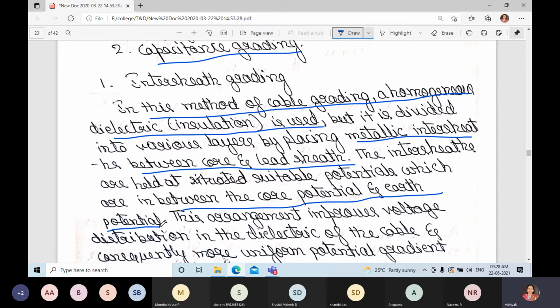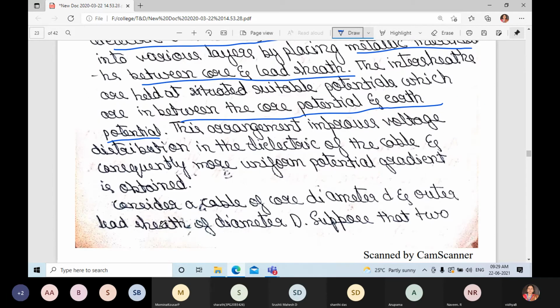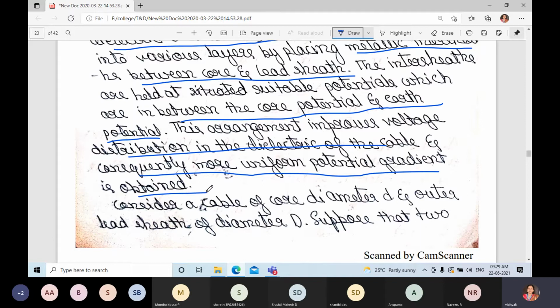First, they take a homogeneous dielectric and divide it into many layers by placing intersheaths between core and lead sheath, each at a fixed potential. This arrangement improves voltage distribution in the dielectric of the cable, and consequently a more uniform potential gradient is obtained.